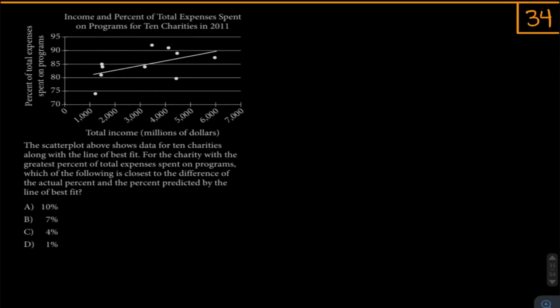Problem 34 is a scatter plot that we're given here. And it says this scatter plot above shows data for 10 charities along with the line of best fit. For the charity with the greatest percent of total expenses spent on programs, which of the following is closest to the difference of the actual percent and the percent predicted by the line of best fit? So this problem is wordy.